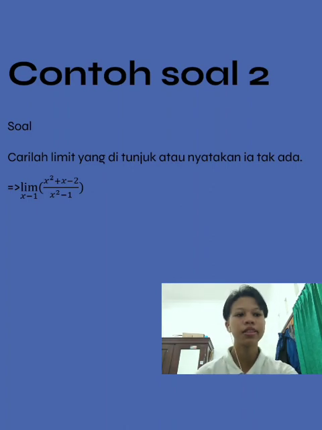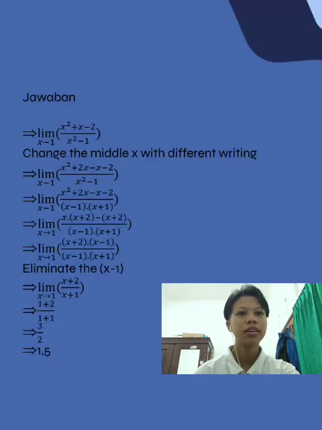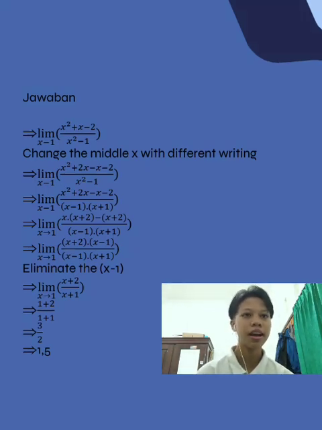First, write down the question again and then change the middle x into a different way of writing. Because the middle is only x, you can put it as 2x minus x. So the limit as x goes to 1 of (x squared plus 2x minus x minus 2) over (x squared minus 1).